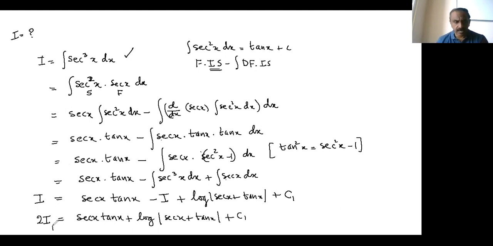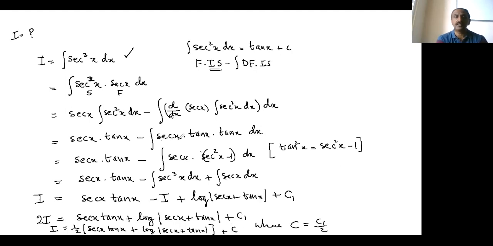So I can say I is 1 by 2, I'm going to divide this by 2, 1 by 2 into sec x tan x plus log of modulus sec x plus tan x plus C, where C is nothing but C1 by 2. When I divided by 2, the C1 became C1 by 2, so that I end up in C. Usually our habit of writing the integral constant is always by letter C. So here there was one constant, but when I divided by 2, this constant changed to a new constant. That new constant is denoted by C.